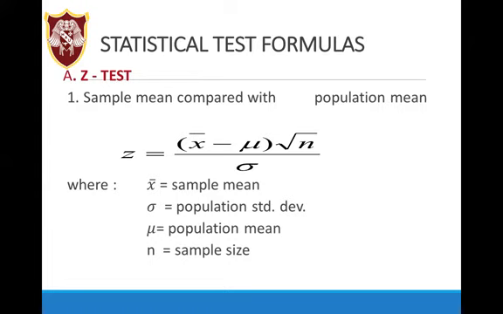The computed z value is equal to the difference of the sample mean and the population mean multiplied by the square root of the sample size divided by the population standard deviation. Again, we use the z-test if we know the population standard deviation.